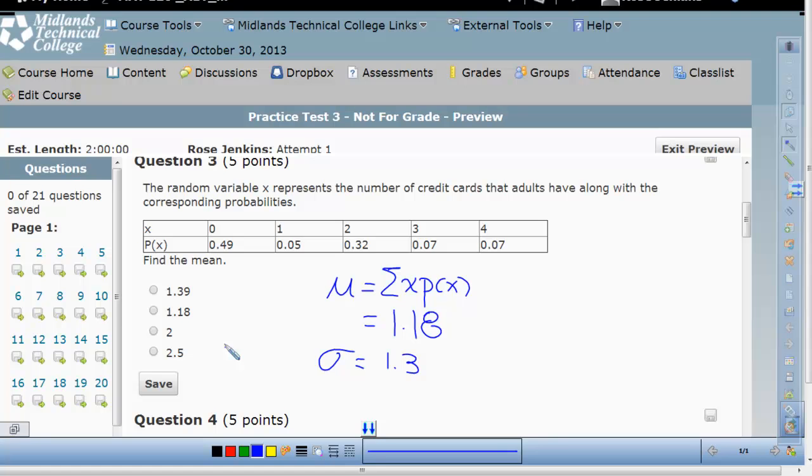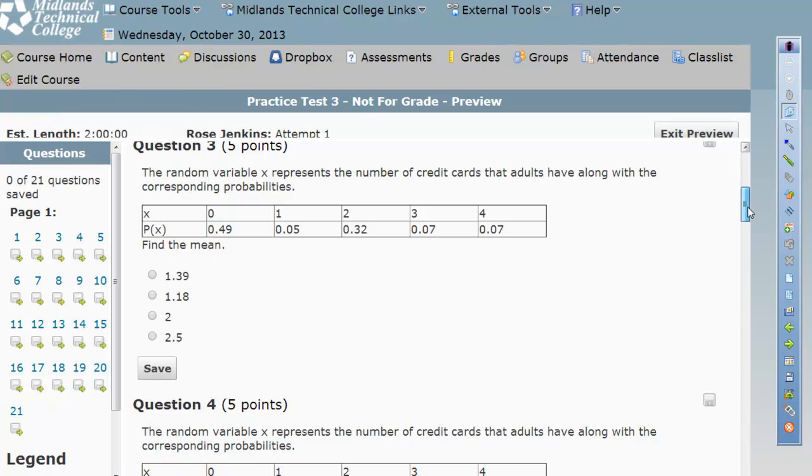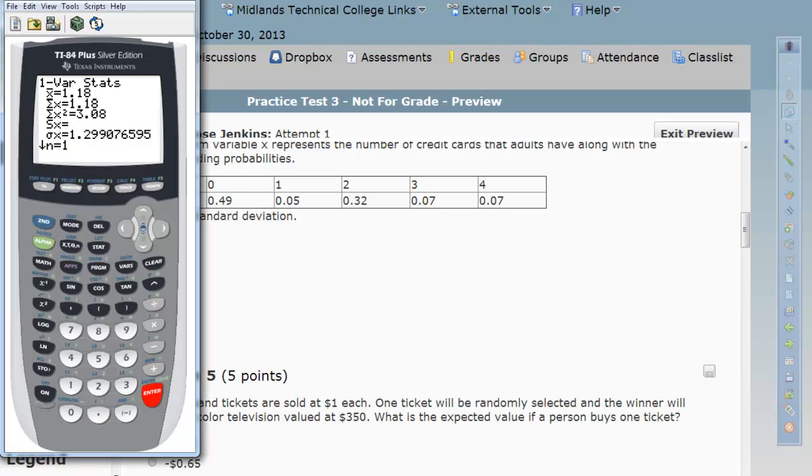All right, 1.18, and I had 1.3. Okay, questions? So the standard deviation is that same list on the calculator, just on the bottom? It was sigma. Mm-hmm. Sigma x is our standard deviation. Okay?